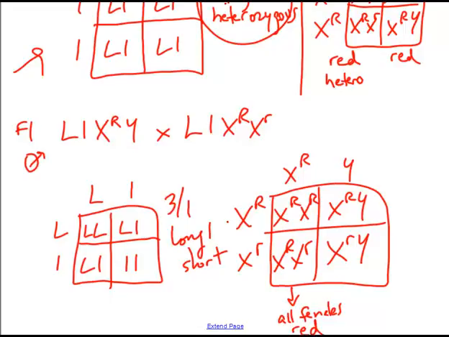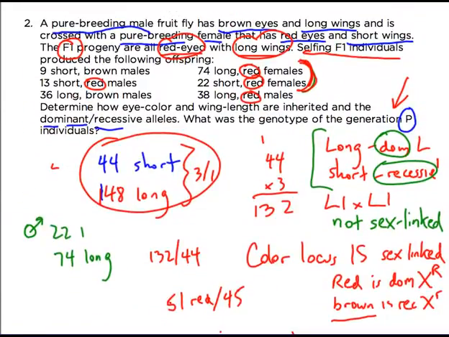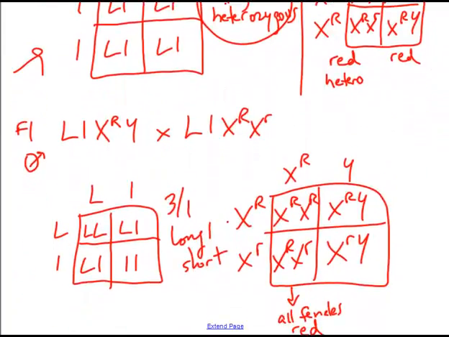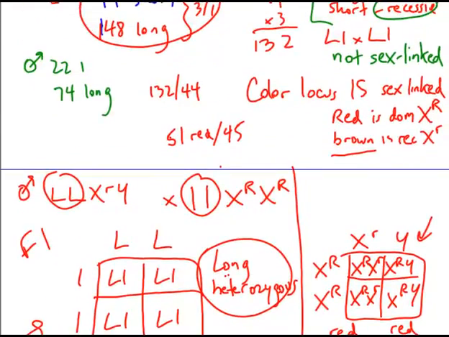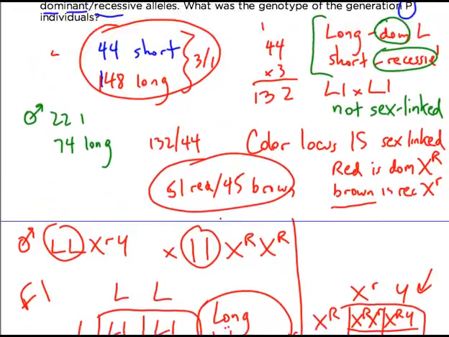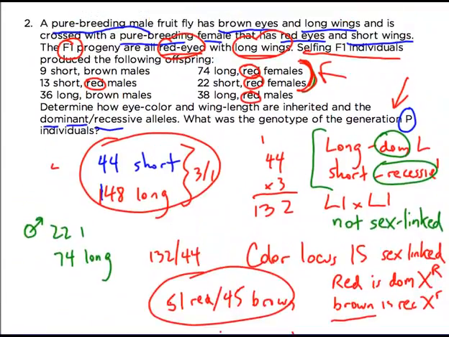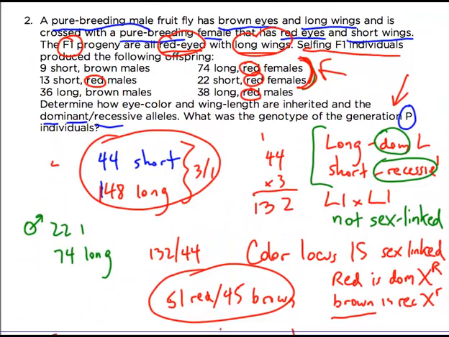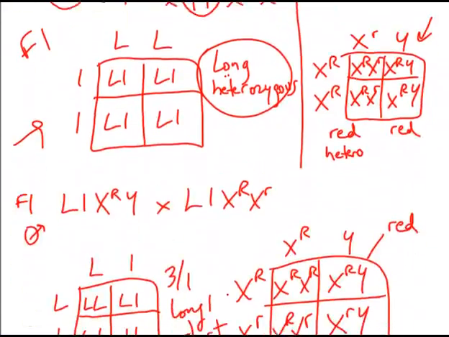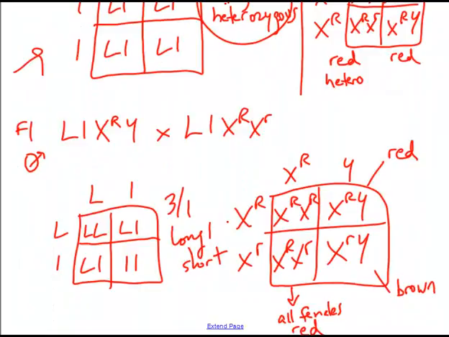Because they have one big R. Is that what we saw up here? Yes. All the females were red. Now what about the males? These guys are going to look red, but these guys are going to look brown, right? And it's a 1-to-1 ratio, 50-50. Isn't that what we saw? That was this calculation right here when we looked at the F2 males, and we found that there were just as many red ones as brown ones. So it all makes sense.